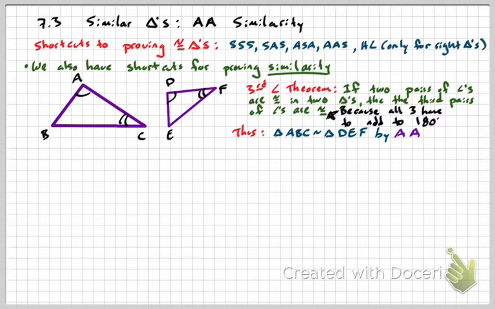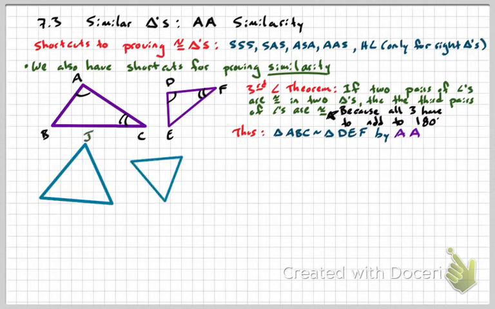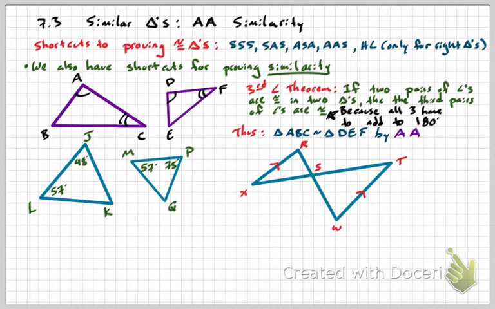Okay. Now remember that the corresponding order still matters. So I can't put ABC similar to EDF. It has to be in that corresponding congruent order for the angles. Okay. So if I'm looking at this one right here, on the left-hand side, remember that if we know two angles, we can always find the third.